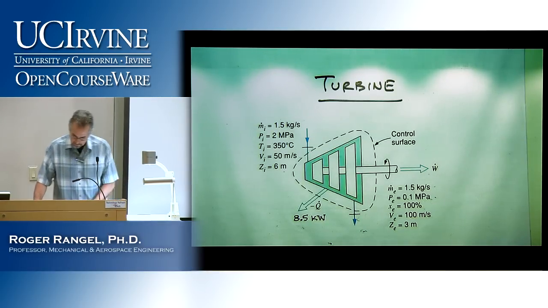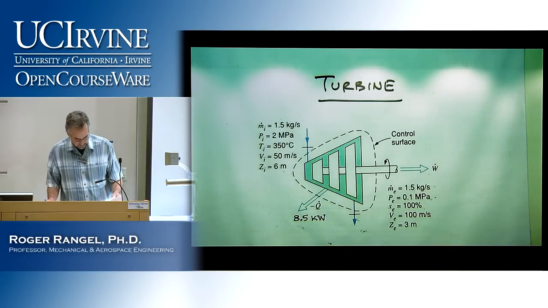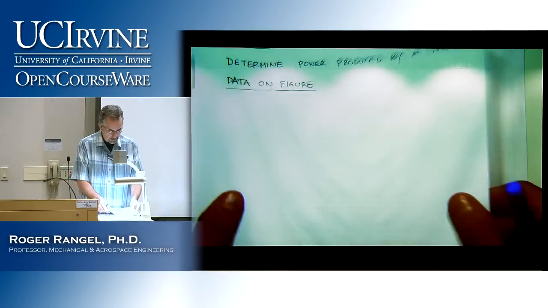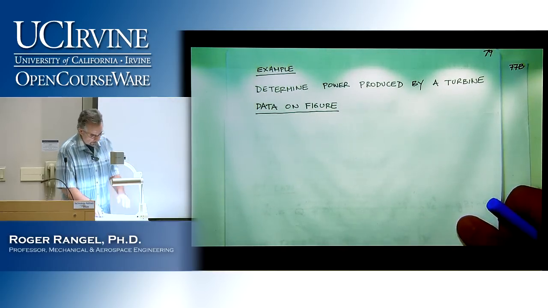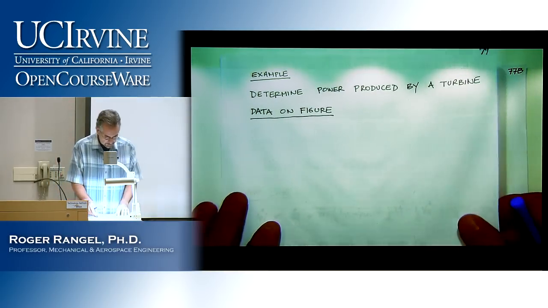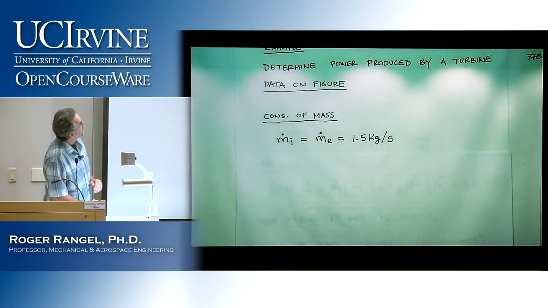Okay, so let's go then through the numbers for this problem. Again, the question for us is to determine the power produced by the turbine, and the data was given on the figure that we just saw. As I told you, always look at conservation of mass first.